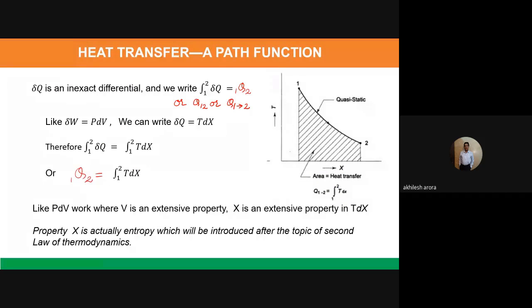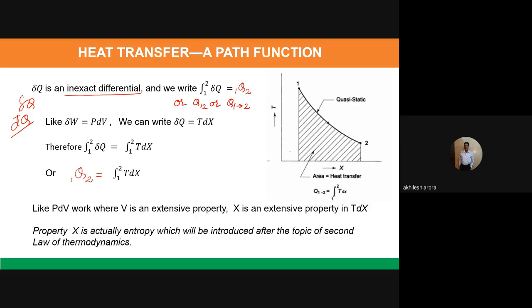So delta Q is an inexact differential. Why inexact differential? I told you already, heat and work are both energy in transition. Okay, they are not the properties of the system. They are not conserved in a system. Okay, so they are not the properties. So that is why we are representing heat as delta Q. And if you see in the book, then you can also see this particular symbol for the inexact differential for the heat transfer.